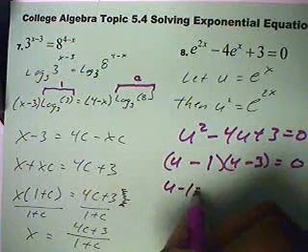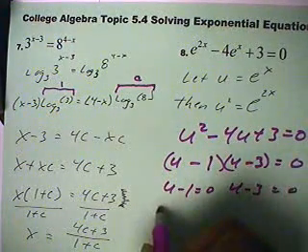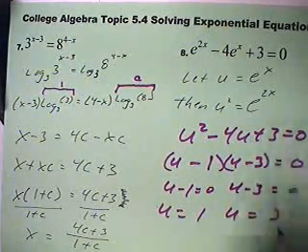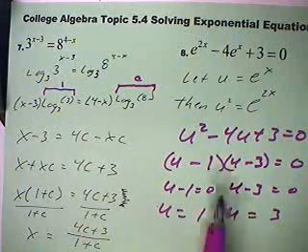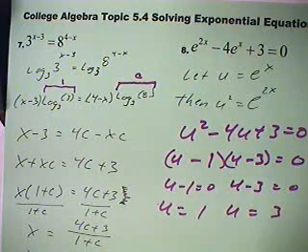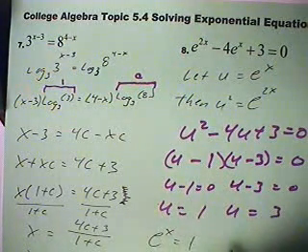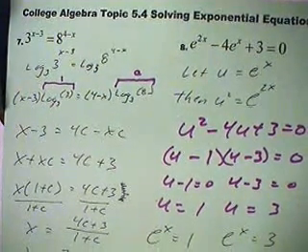And so u minus 1 set equal to 0, and u minus 3 set equal to 0 implies that u equals 1 and u equals 3. Now we just solved for u. But we know that u stands for e to the x. So we're going to go back to the e to the x notation. e to the x now equals 1, or e to the x now equals 3. And we're going to solve these.